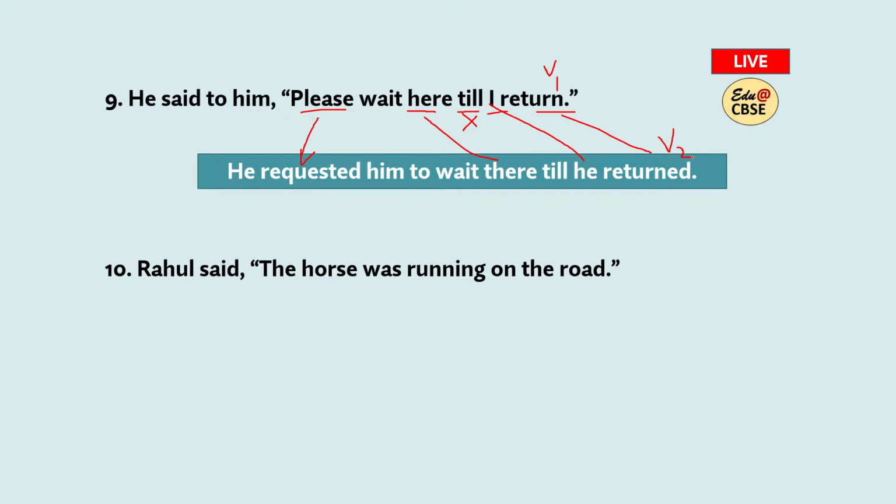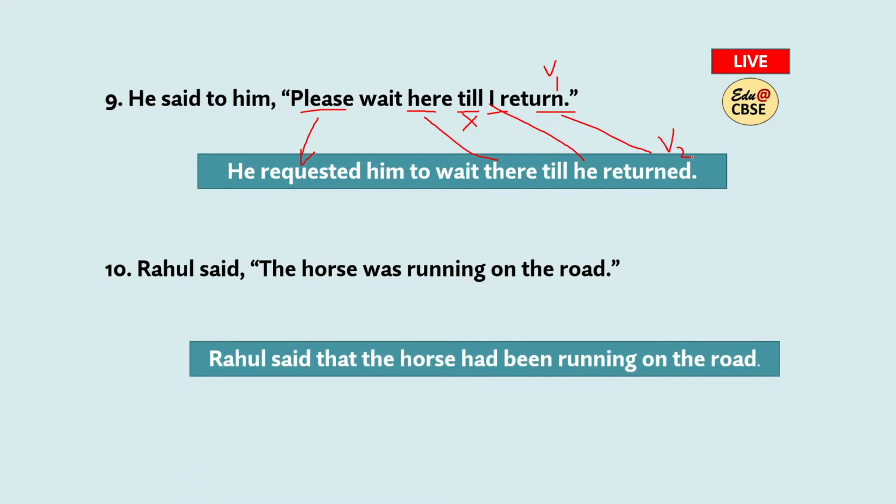Yes, the correct answer. Suvansh has given the correct answer. So the thing where you always go wrong is that you don't change was into had been. You write was as was only, and that is the mistake.